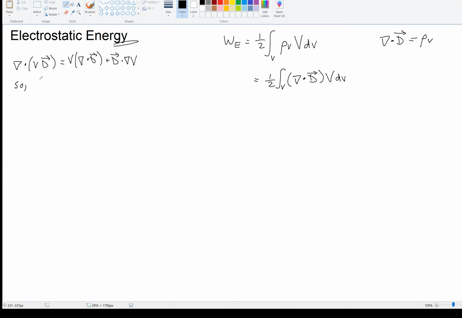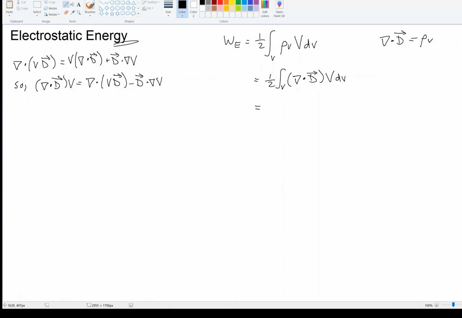So if we take that and we rearrange it a little bit, we have this. This is our vector identity that we talked about previously.